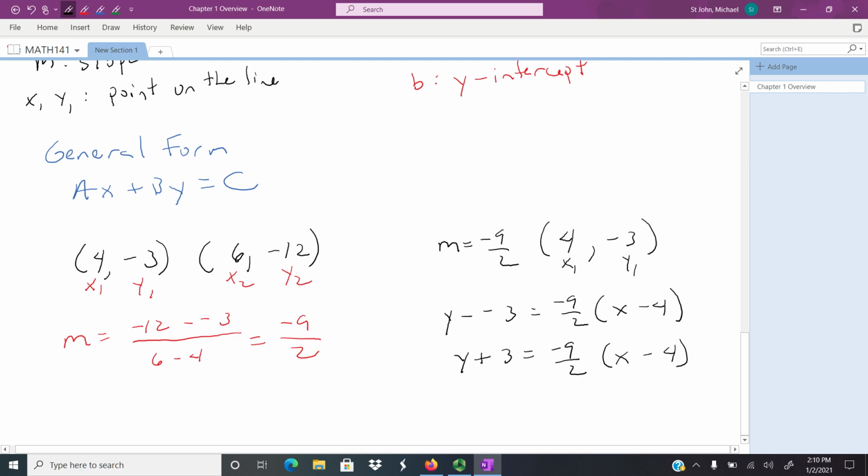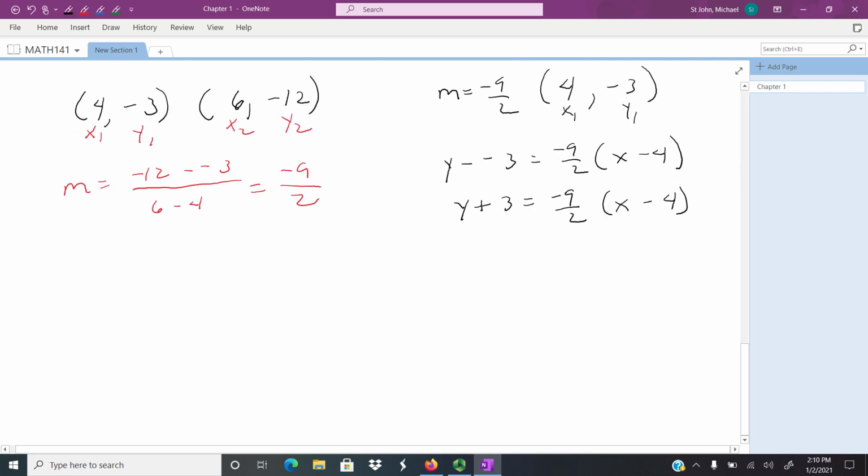So we have our equation in that form. We could have, if we wanted, because again, we said x1, y1 is a point on the line. But in this case, we also know that the other one is also on the line. And so we could have taken this point and plugged in.